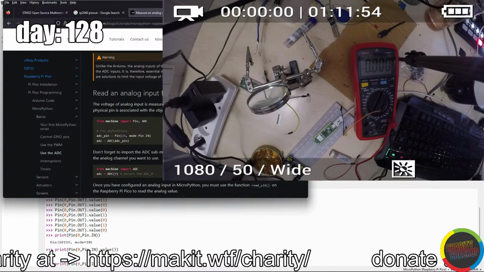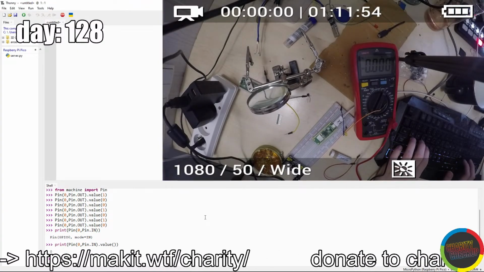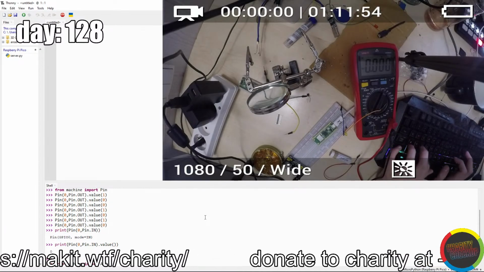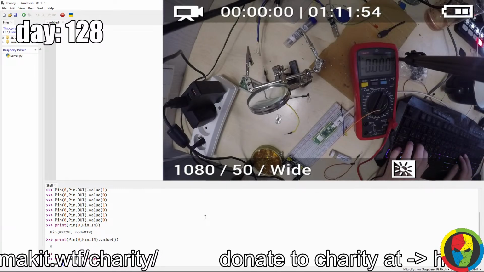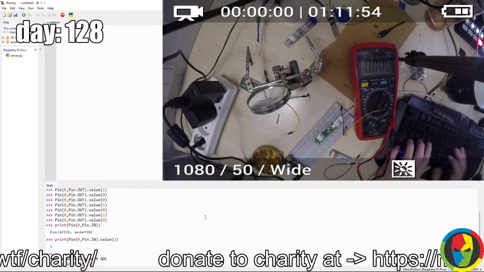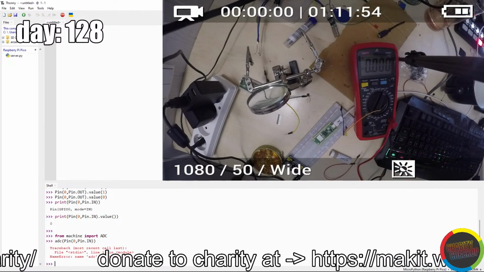ADC. All right. From machine import ADC, pin 0, pin in. ADC is not defined. What did I misspell?